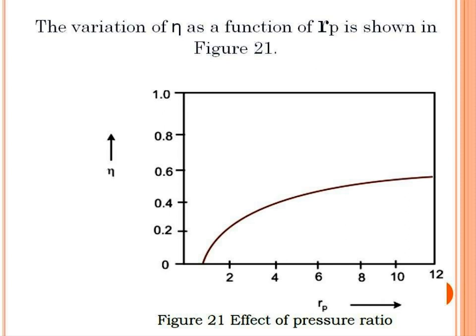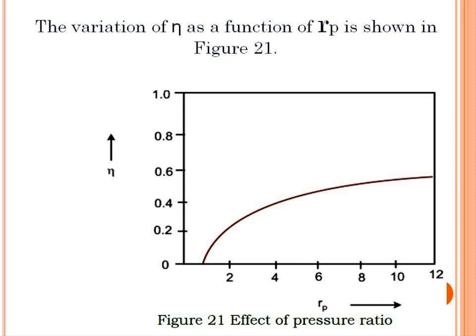But one important thing you have to see in the graph is that the efficiency is not going beyond 60%. In no case does the efficiency go beyond 60% for a simple open cycle gas turbine power plant, even though the pressure ratio goes on increasing and increasing.